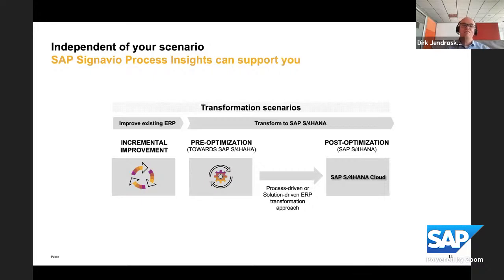It can help you identify variants that you don't really use in your processes, so you don't need to consider them for your migration. And it can also help you to really focus on, for example, document types that are used, because this is all the analysis you can get on top out of Process Insights next to all the process performance indicators.